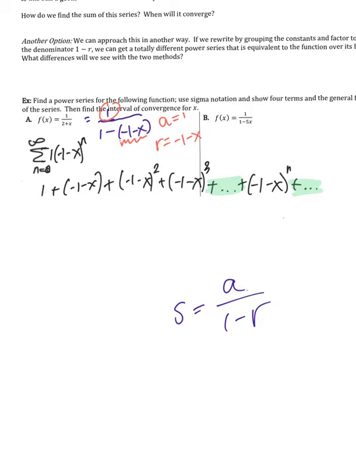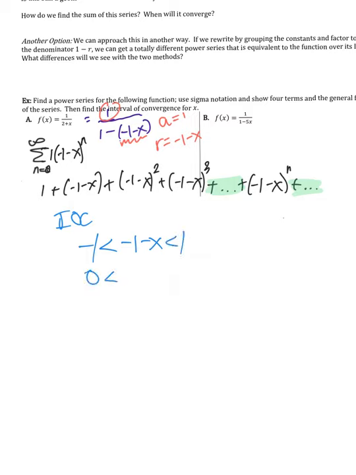Now, if we want to find the interval of convergence here, the IOC, we know that our ratio needs to be trapped between -1 and +1. So -1 is less than my common ratio, in this case -1 minus x, is less than 1.